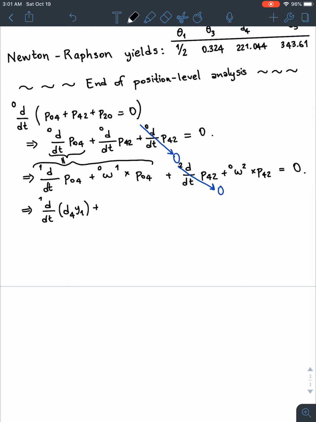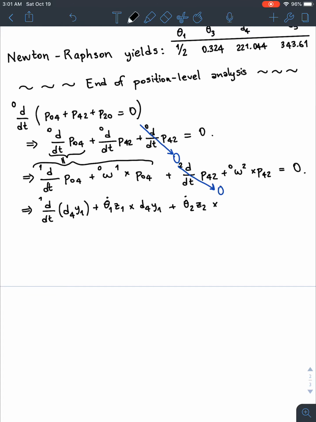Angular velocity of 1 in 0, if you watch our previous video about how to compute angular velocities, this angular velocity is going to be equal to theta 1 dot in the z1 direction, cross P04, D4 in the y1 direction, plus angular velocity of 2 in 0, again, I recommend you watch the previous computing angular velocities video. This is equal to theta 2 dot in the z2 direction.